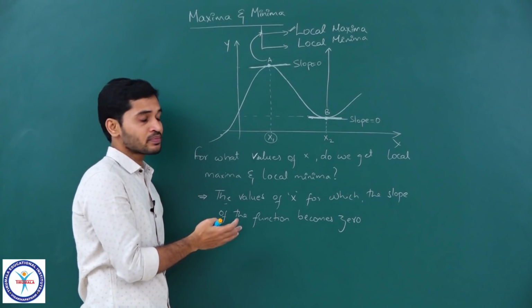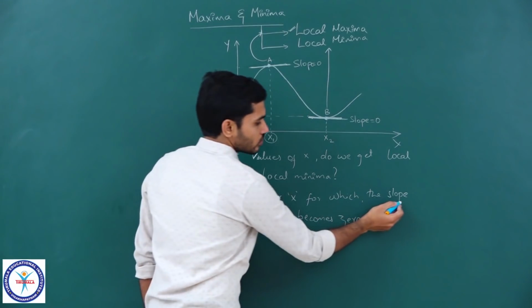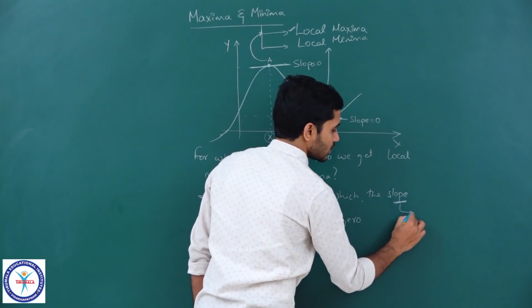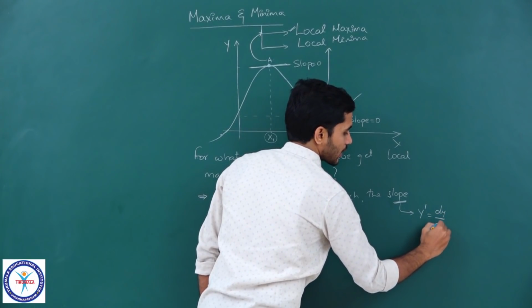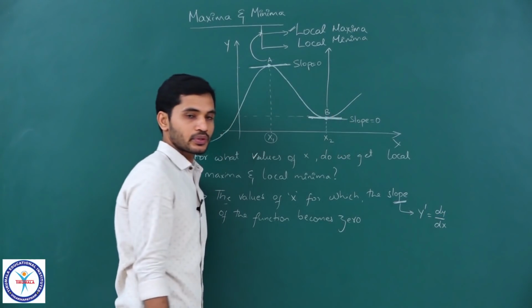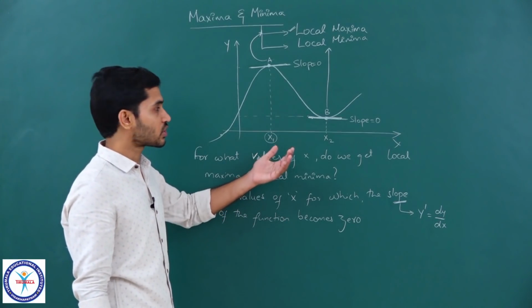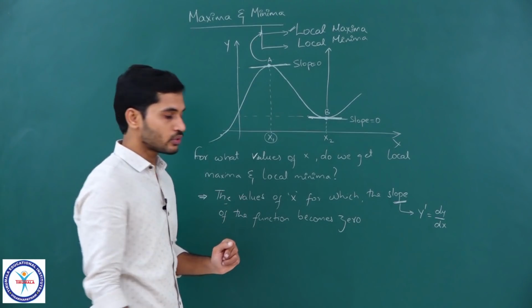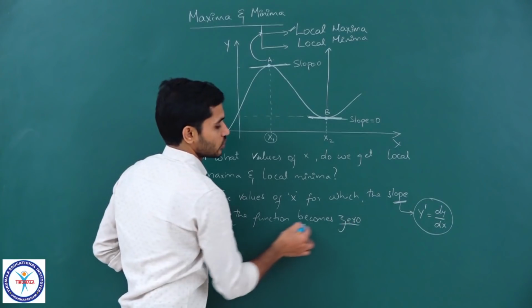It is very simple to identify maxima and minima, right? Because we know what slope is. Slope is nothing but y dash or dy by dx, correct? So, if a function is given to you and they are asking where that function reaches a maximum or a minimum value, all you need to do is take this and equate that to 0.